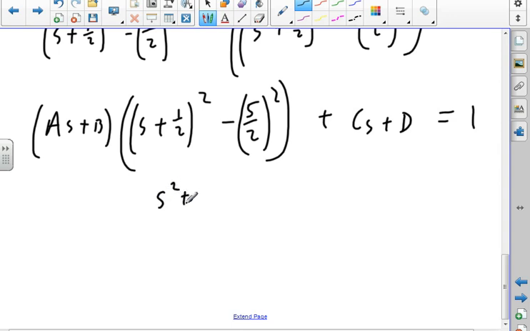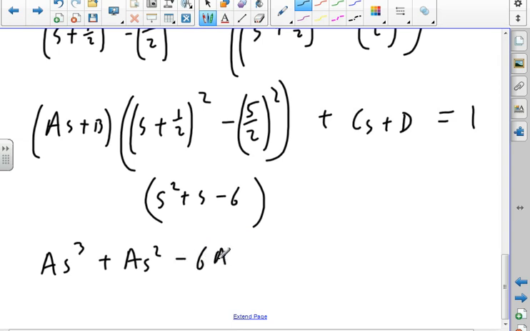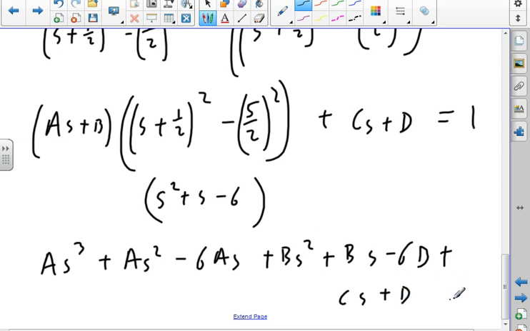And I'm still going to get as cubed plus as squared minus 6as plus bs squared plus bs minus 6b plus cs plus d, and that still has to be 1, and a still has to be 0, and b still has to be 0, c still has to be 0, and I have d is equal to 1, and I got absolutely nowhere twice in a row.